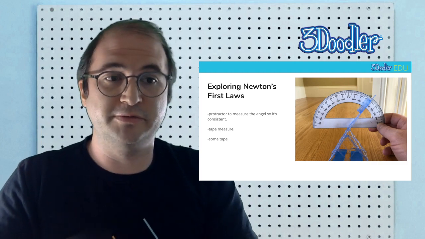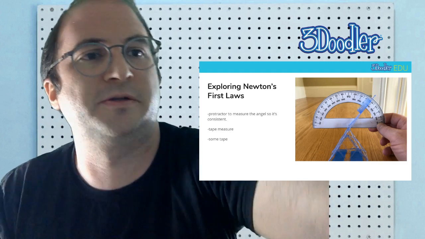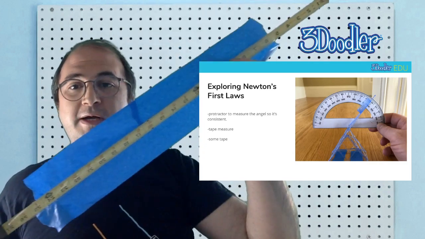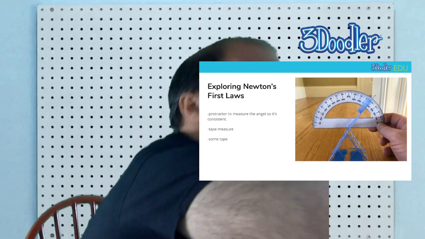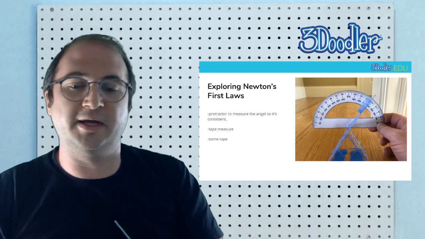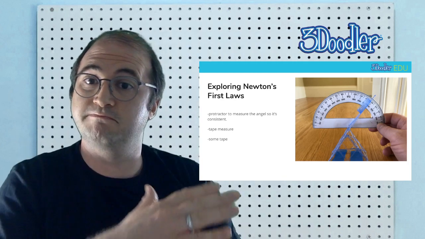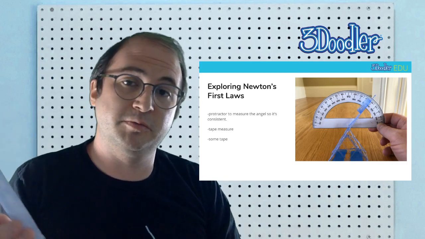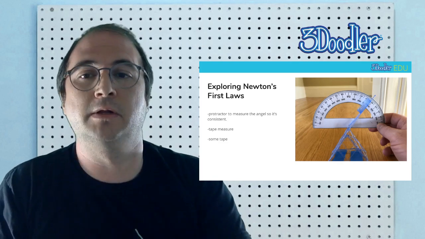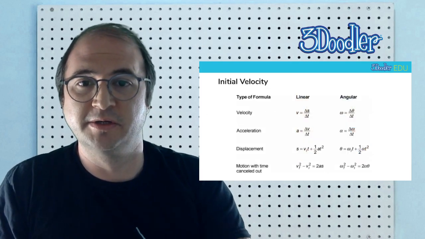And then I used a tape measure with some tape on it as well to be the landing spot for the projectile so that I could get an accurate distance each time, as well as each time I measured with the protractor what angle I was launching off from.